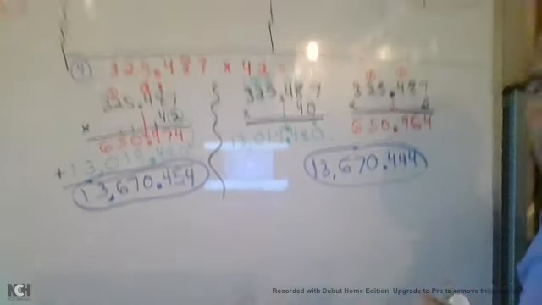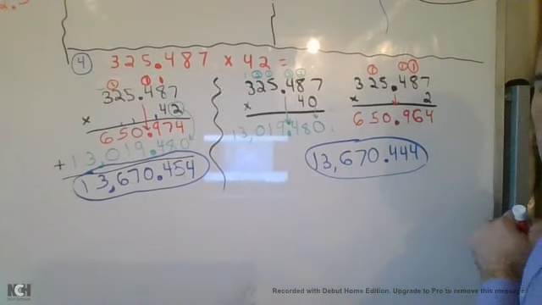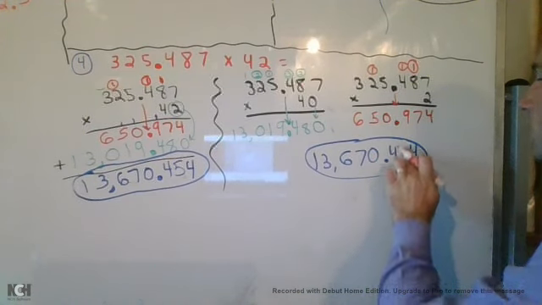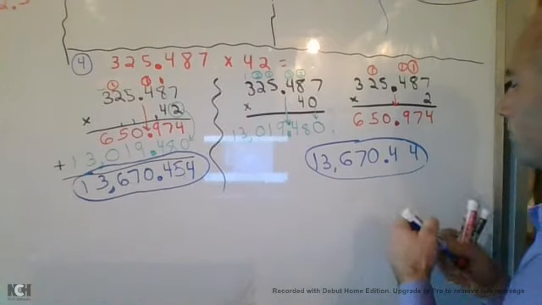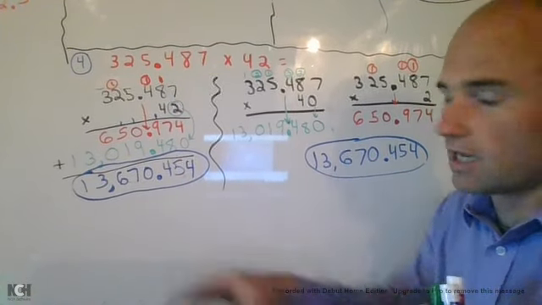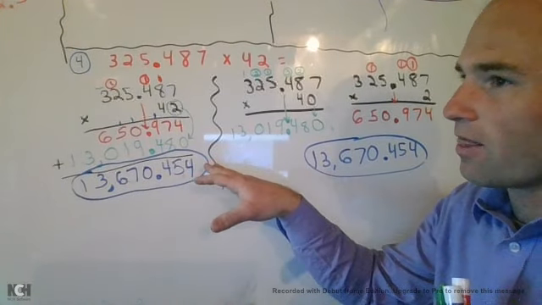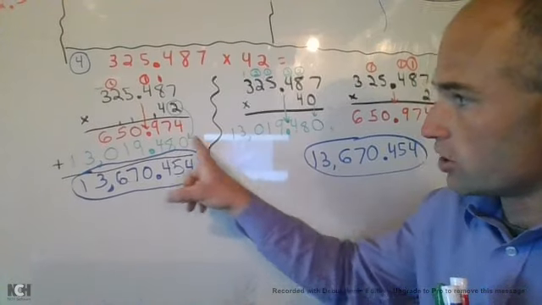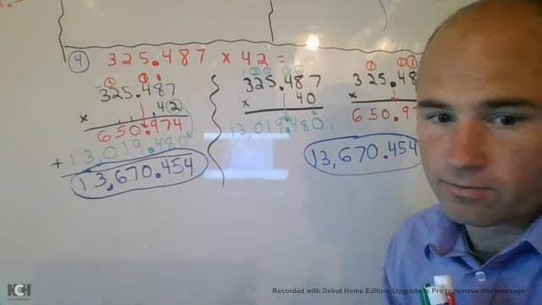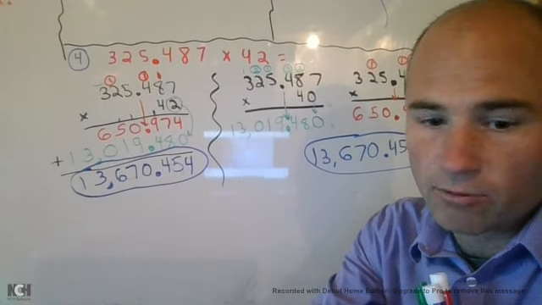Hopefully you just found it in the fact that I forgot to carry over the 1 right there, which would cause this to be a 7, which would change my solution to being a 5 right there, which supports my answer over here of 13,670 and 454 thousandths. Check your answer here to make sure you didn't make a mistake. That might be the mistake. So at this point, I got to wrap it up. Have a great rest of your day, and we'll see you back here tomorrow.